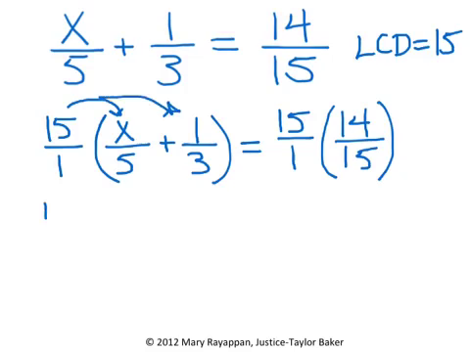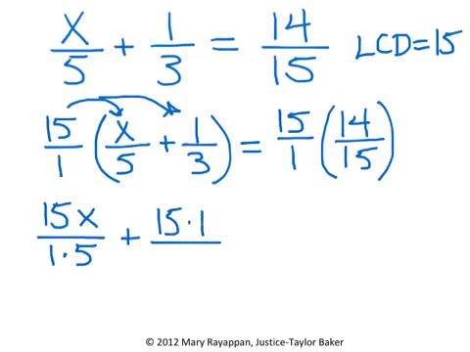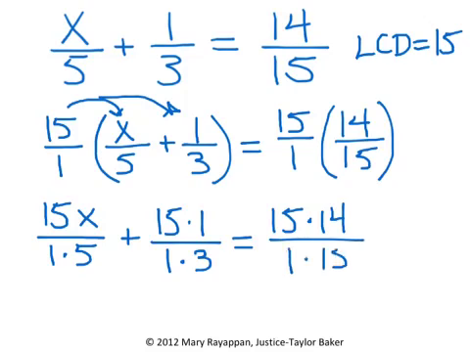For the first one, we end up with 15 times x, or 15x, over 1 times 5. Plus, the next one, 15 times 1 over 1 times 3. This will be equal to, on this side, 15 times 14 over 1 times 15.